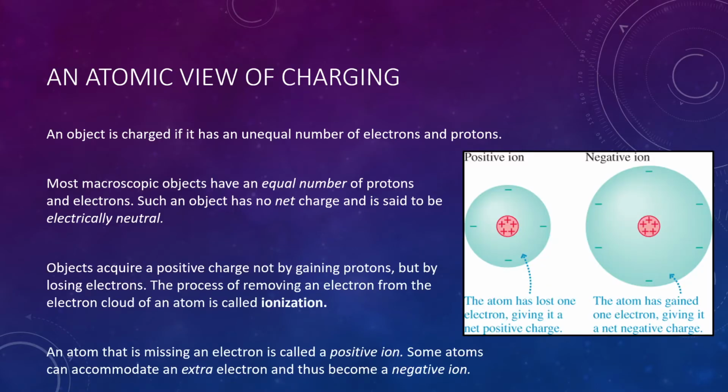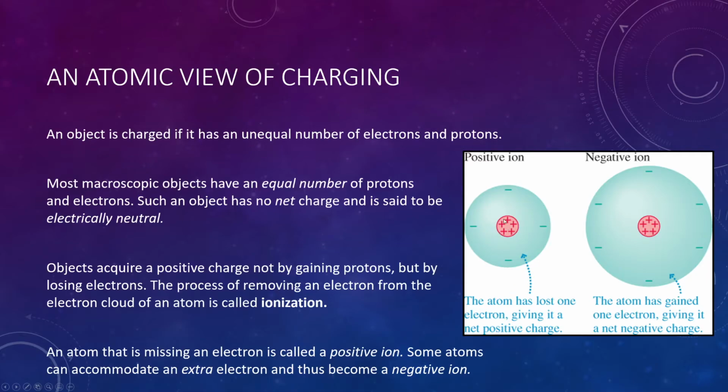So the way you actually get charges to transfer is by adding or removing electrons. Whenever we have a positive charge, the object didn't become positively charged because it gained those positives. It becomes positively charged because it loses its negative electrons. And this makes sense when you think about it at an atomic scale.